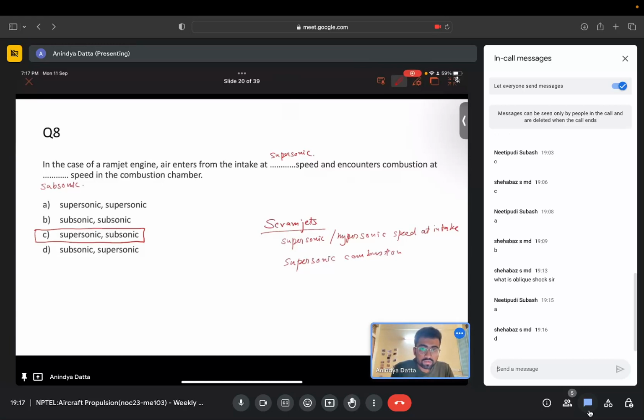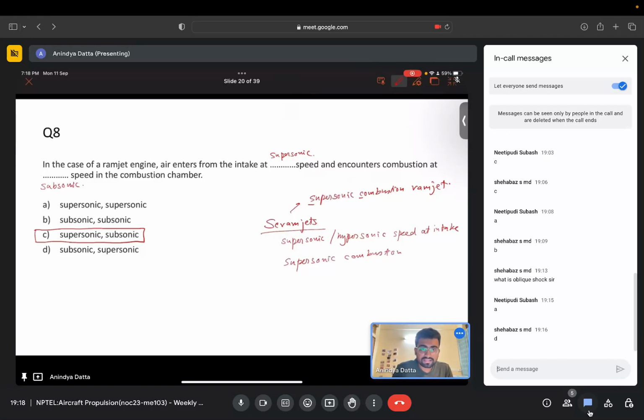If you see the spelling, scramjet is generally called a supersonic combustion ramjet. So that's why this S and C comes, scramjet and ramjet.